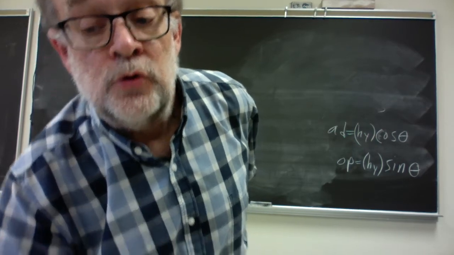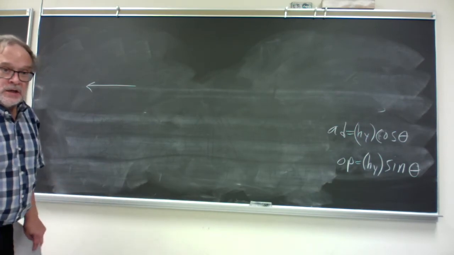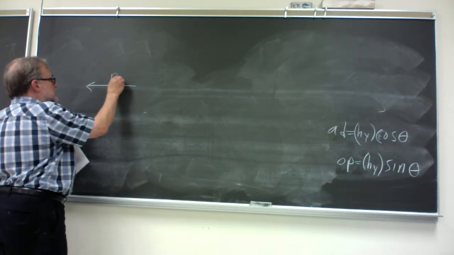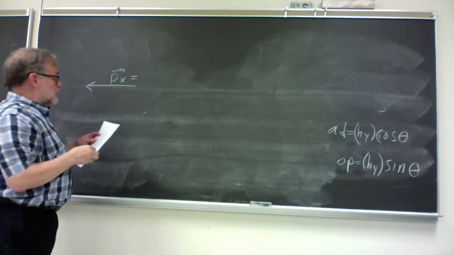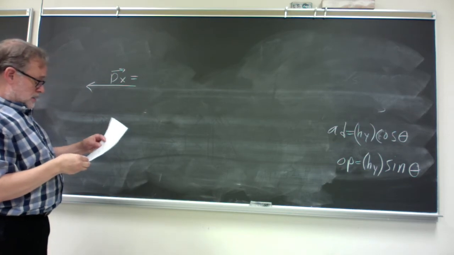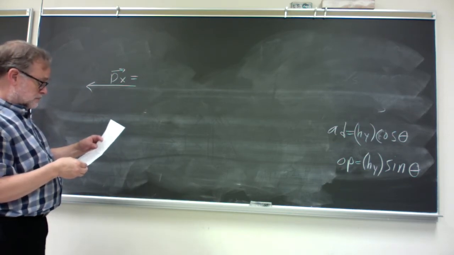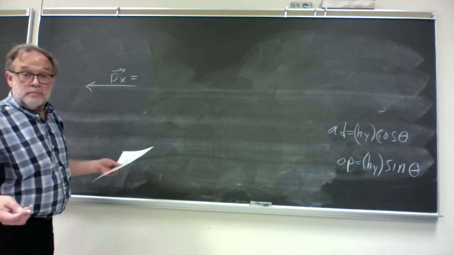Okay, a vector whose components are like this. The x component, say it's a displacement again, so here's the x component of this displacement. And let's say we know that it is minus 5 meters.